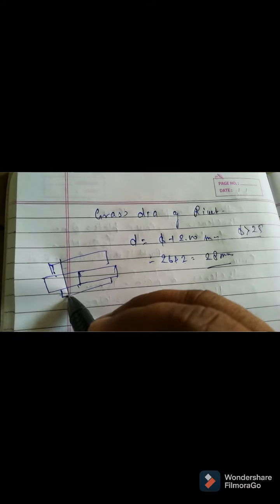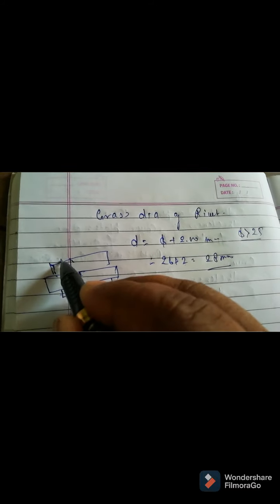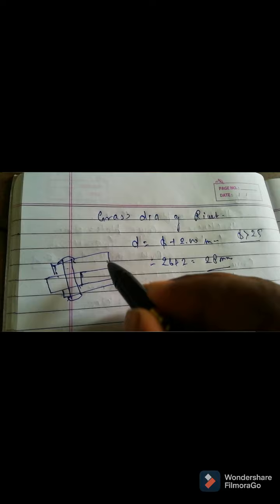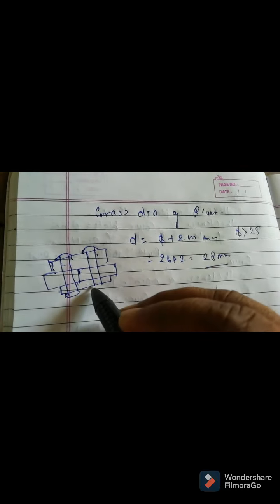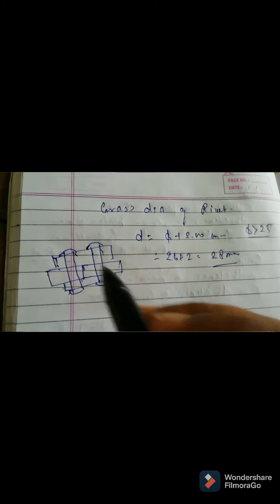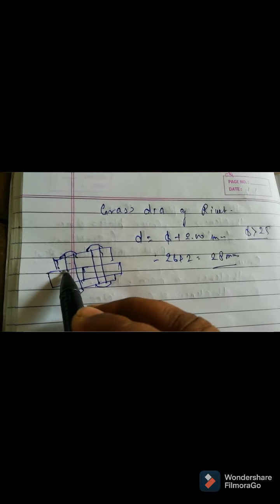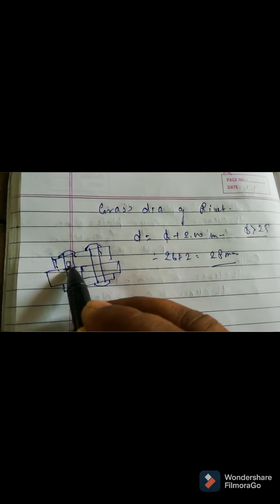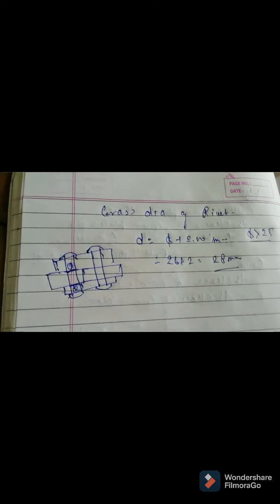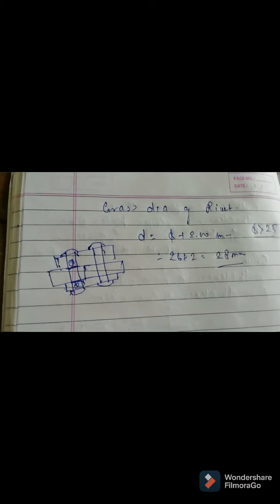So now you are going to provide the rivet. When you talk about the shear, shear occurs at this place as well as this place. This is the first place and this is your second place. So that's called double shear.